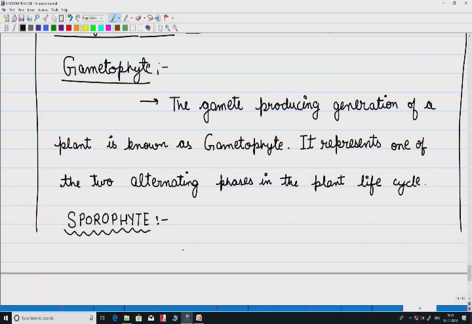The gamete producing phase is called gametophyte. So you can just simply write the spore producing generation. The definition is very simple.